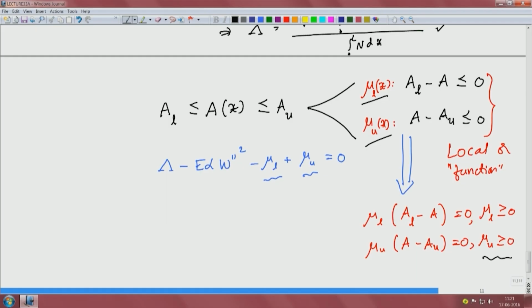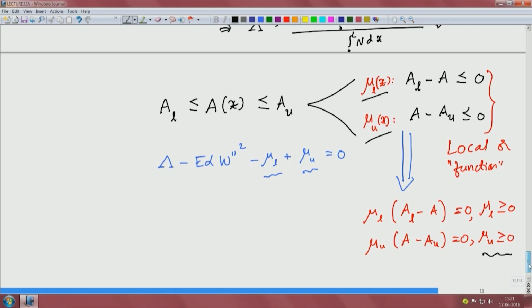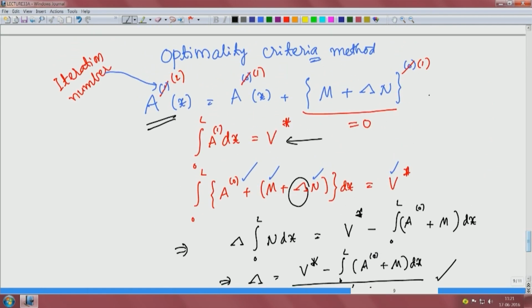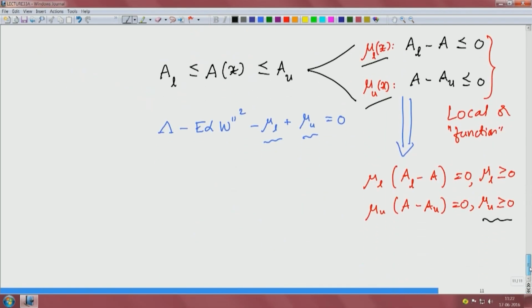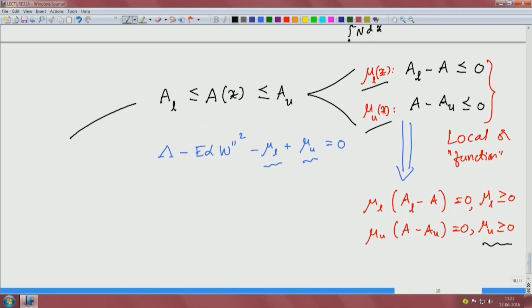Actually, we do not have to find them, because when you are updating your area profile in this manner, as you find the uppercase lambda, you check after you do this whether area of cross section anywhere is going to disobey these bounds. When they disobey, you push them to that. If something is exceeding A_U, you bring it down to A_U and fix it at that. When something is going below A_L, you just make it stay at A_L.